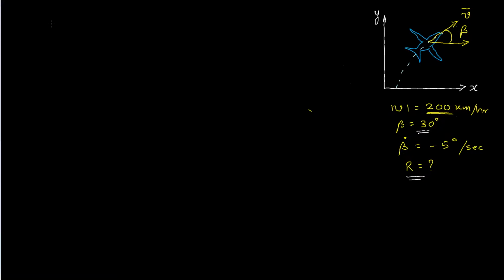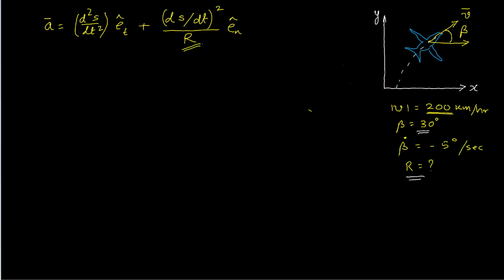Because we know the acceleration form in the NT-coordinate system to be like this: d square s over dt square, that goes with the tangential unit vector, plus ds over dt, the speed at which the plane is moving, squared over r, en. Now, the presence of this r, the radius of curvature, should tell us that we will be using this.